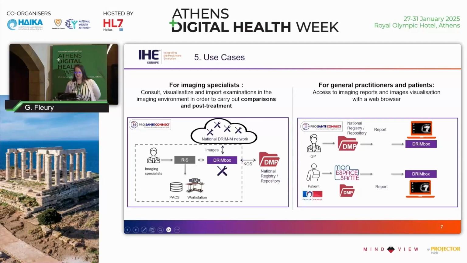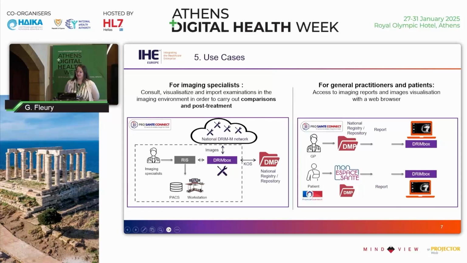So in this case, on the left, the information system is able to search the national repository for the manifest with the metadata associated, and then ask the national DRIM-M network, which is constituted of a lot of DRIM-Boxes, the gateway. It asks the gateways for the access to the images that can be viewed on the workstation of the professional.